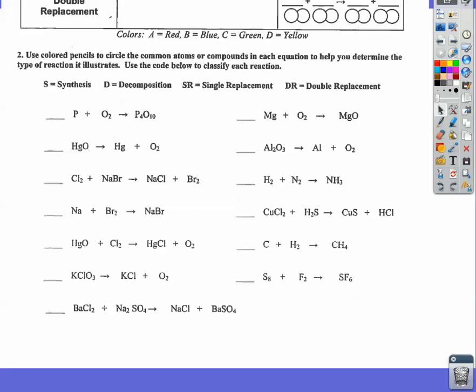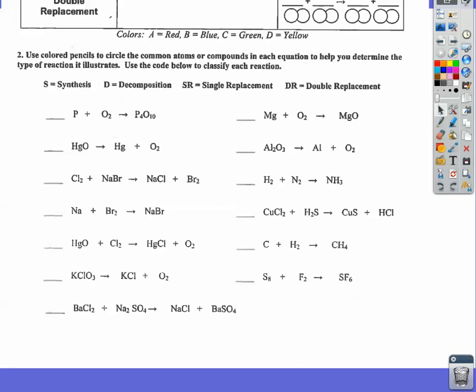You can certainly fill these out, give them a try, and you can check against my answer key. There is one thing I want to make sure you add to the top, and this is a way in which we classify compounds. Compounds are going to be classified as organic or inorganic, and this is a relatively complicated classification system, something you really wouldn't study in any great detail until you get to college.